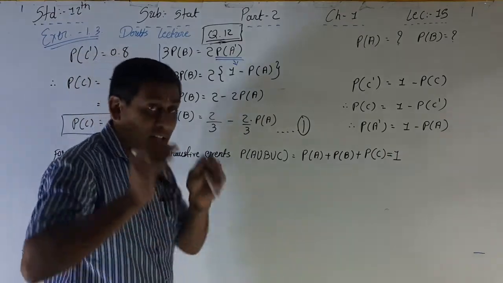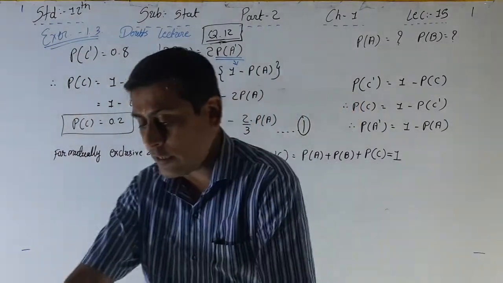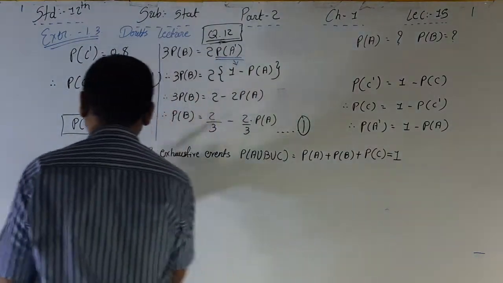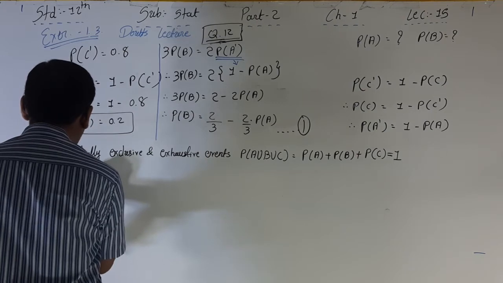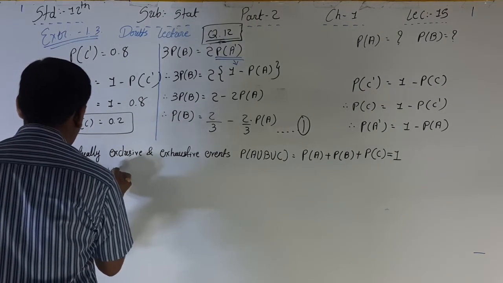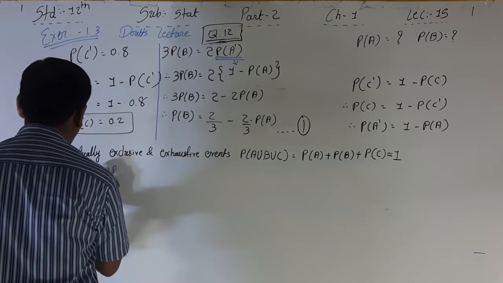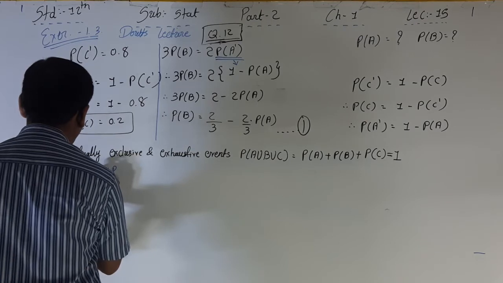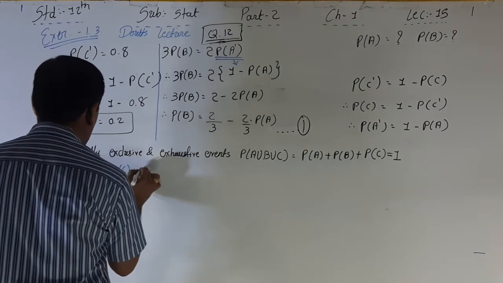See here. Now the twist, the mathematical twist is here. See please here. Therefore P of A plus P of B plus P of C is equal to 1.